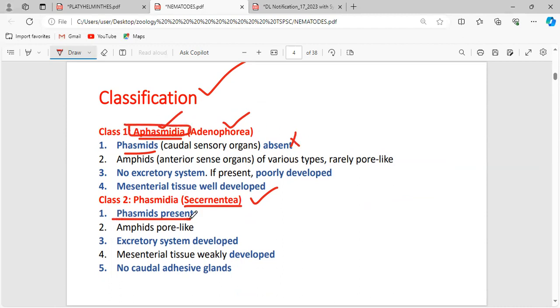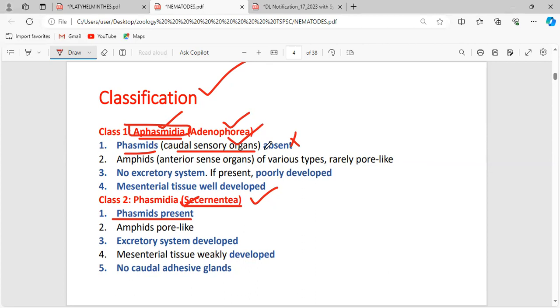If phasmids are present, then it comes under the class Phasmidia. What do phasmids mean? Caudal sensory organs. What is caudal? Caudal means the tail region, like the caudal fin in fishes, which is the tail fin. So phasmids are caudal sensory organs, present in the tail region.